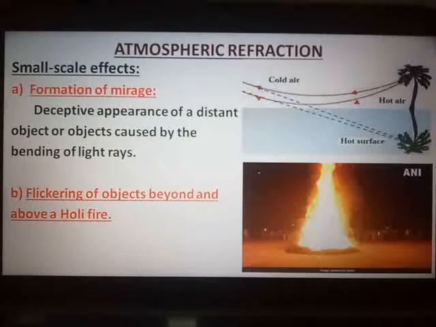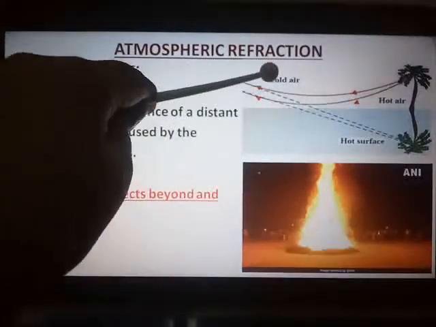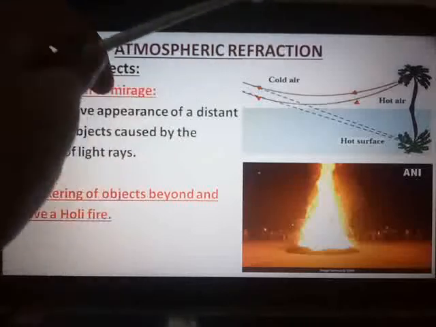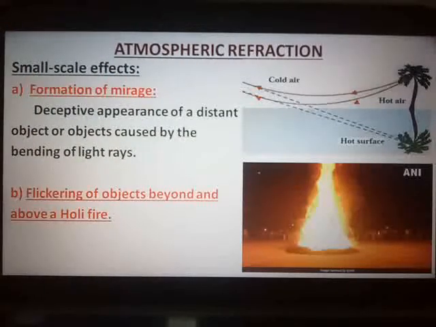The refractive index of air keeps increasing as we go to increasing heights. So the direction of light rays coming from a distance keeps changing according to the laws of refraction which we have studied. This light coming from a distant object appears to be coming from the image of the object inside the ground, and this is nothing but a mirage.